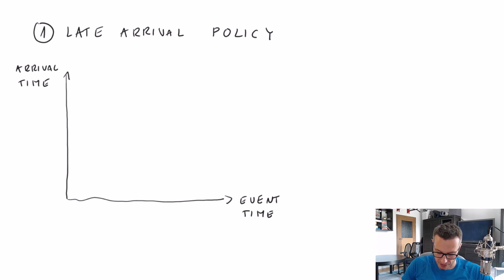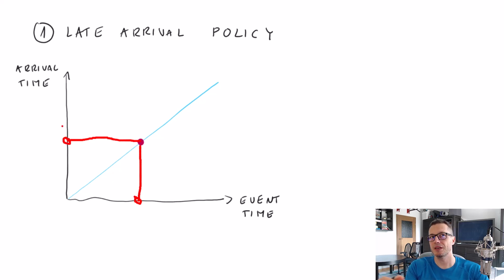In an ideal world, it would be something like this perfect line, which means that if we have an event, for example, here, it was generated at this particular moment in time and instantly, at the same moment, it arrived to Azure.